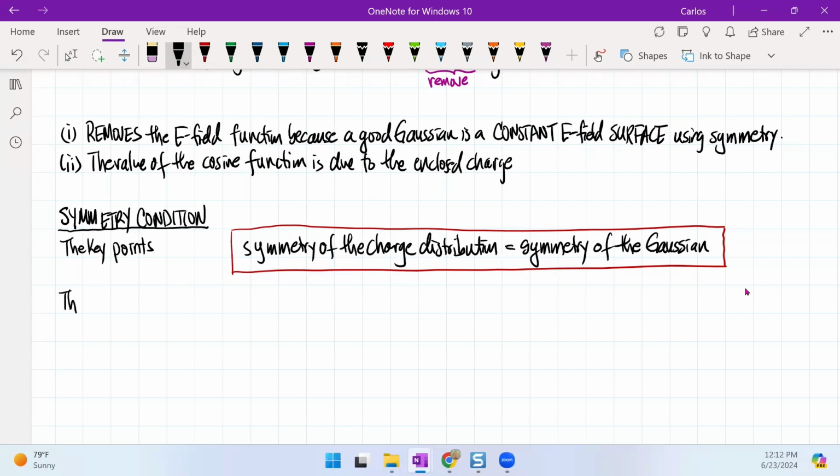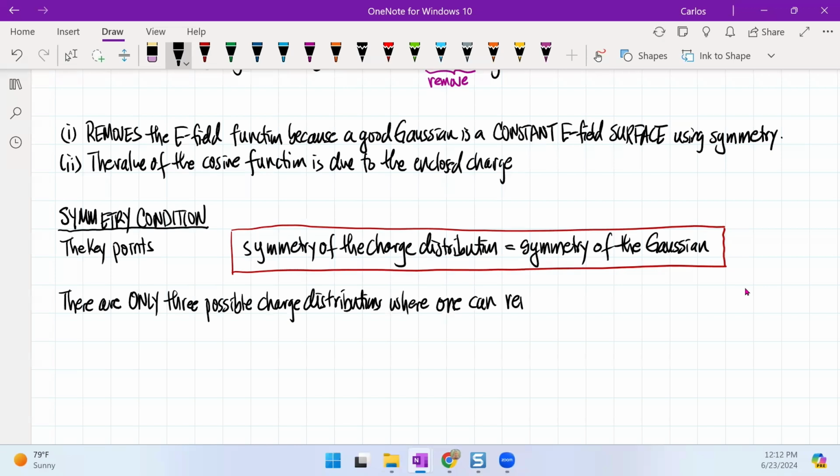So there are only 3 possible charge distributions where one can remove the electric field function from the integral.